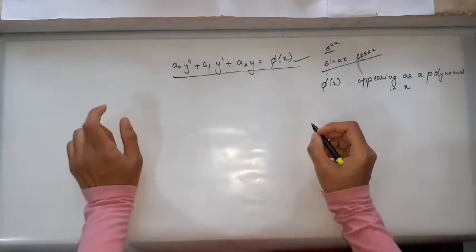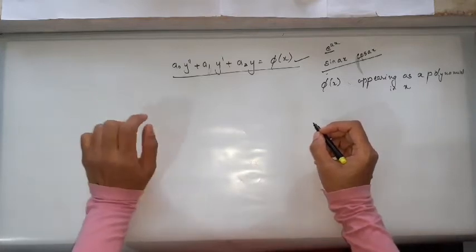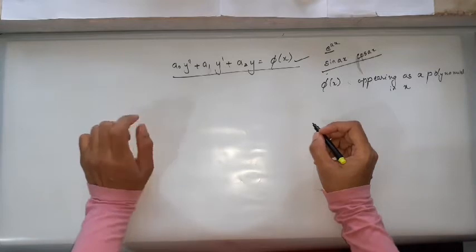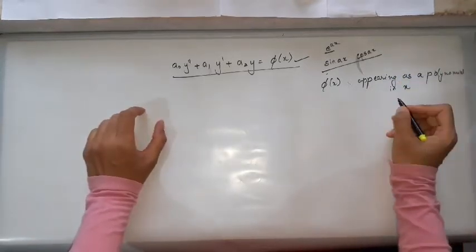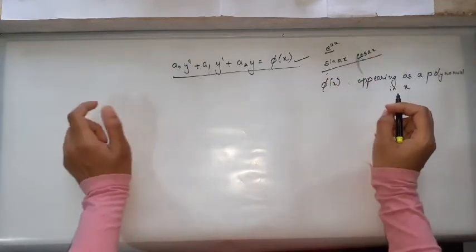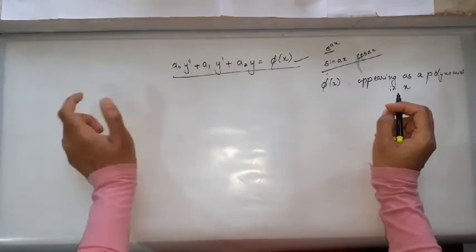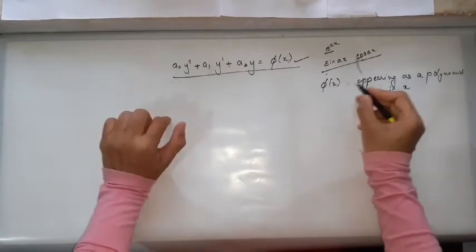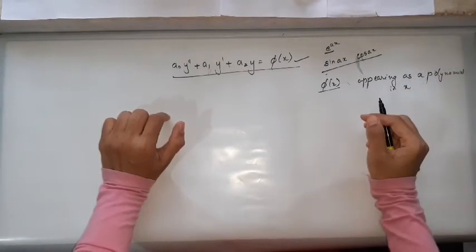I request all the students to take a pen and paper and work through the problem with me. When it comes to PI, I'll let you know. However, the YC part is going to be the same, as you have learnt it many times. But when it comes to YP, the particular integral, and phi of x is a polynomial in x, what you must do we will see in this example.